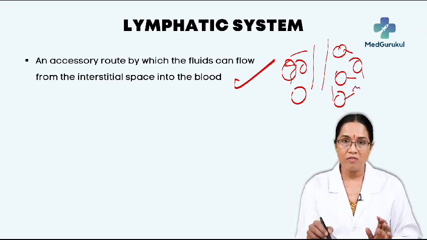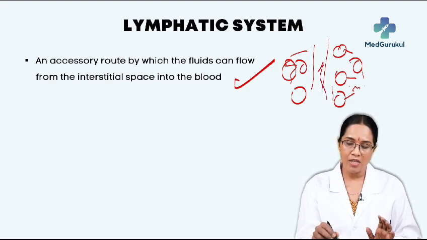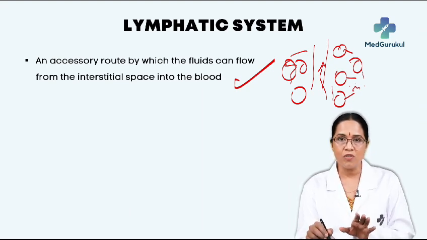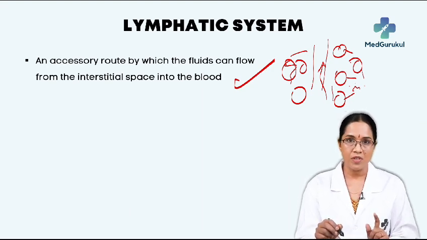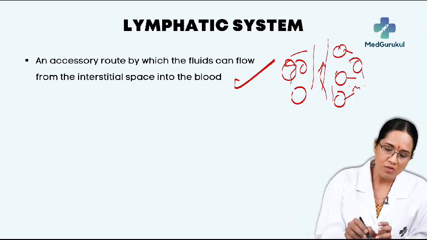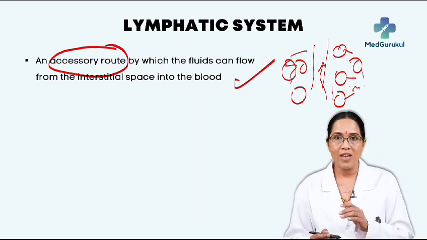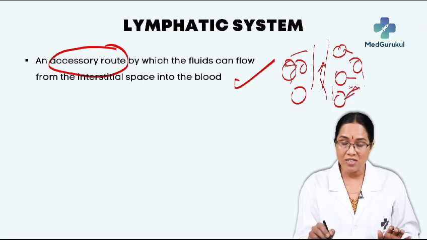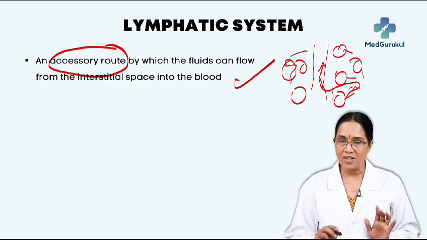All these fluids which have reached this interstitial space now need to go back into the blood circulation, and the route through which this interstitial fluid goes back into the blood is the lymphatic system. That's why we call it an accessory route. The fluids from these cells and tissues which have reached the interstitial space, and need to go back to the blood vessel, go through this accessory route, which is the lymphatic system.